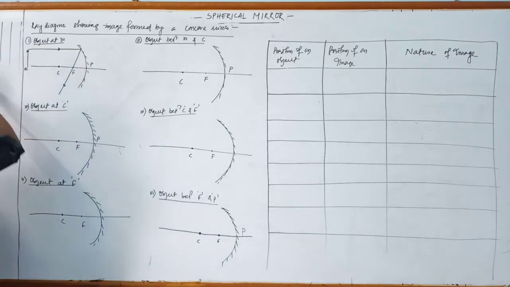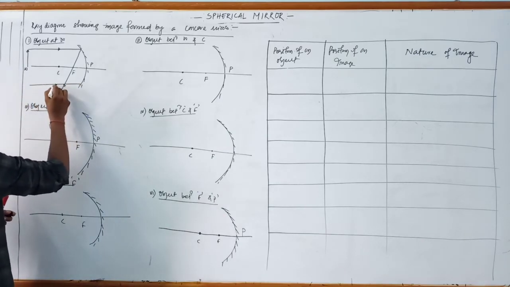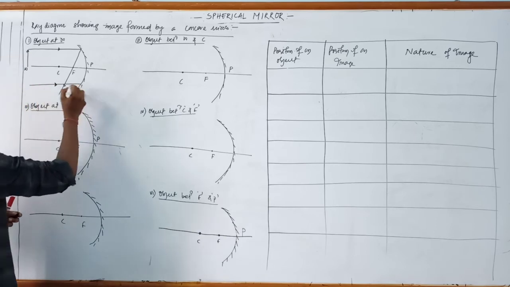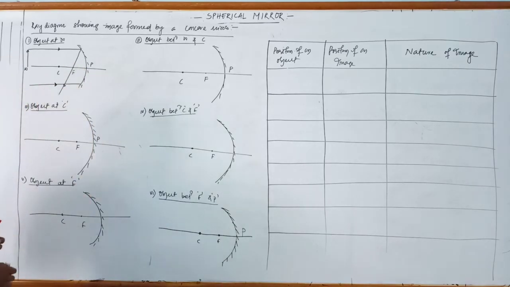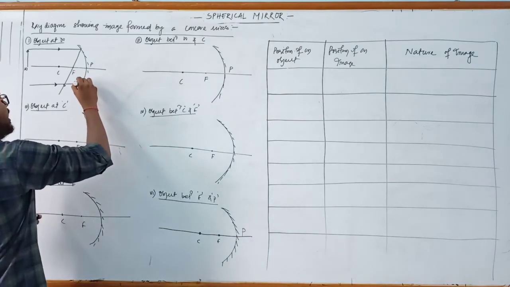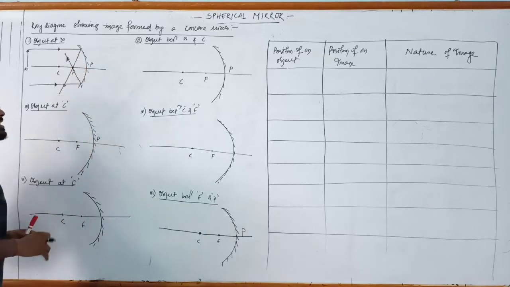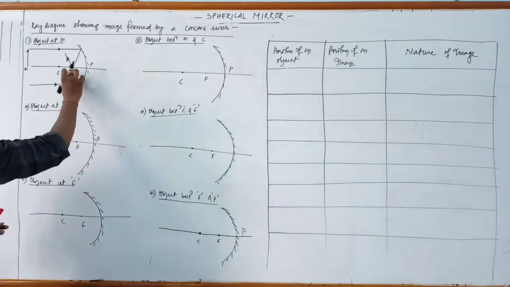Similarly, if the object is at infinite distance, we can take another ray also. This ray, which is paraxial and parallel to the principal axis, after incident on the mirror, reflects and meets at a point on the principal axis, and this point is known as the focus point.